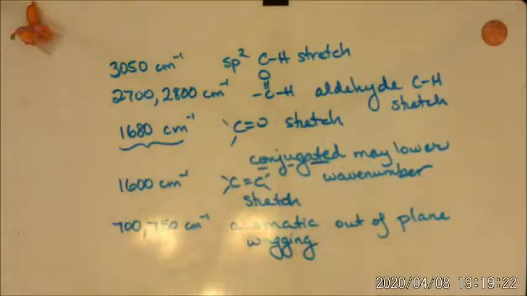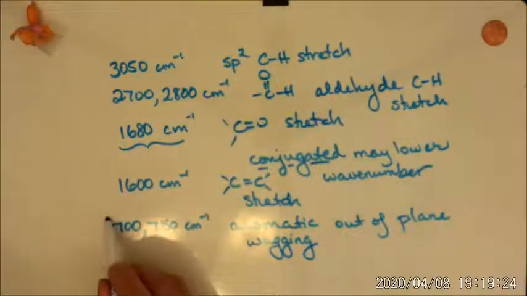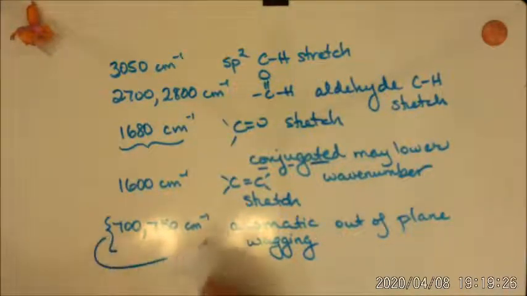Okay, so two things about this one. It confirms your aromatic, but by itself it's not going to tell you absolutely and definitively you have an aromatic. What you're doing is you're accumulating all sorts of circumstantial evidence to show what you have. So that's one of it.